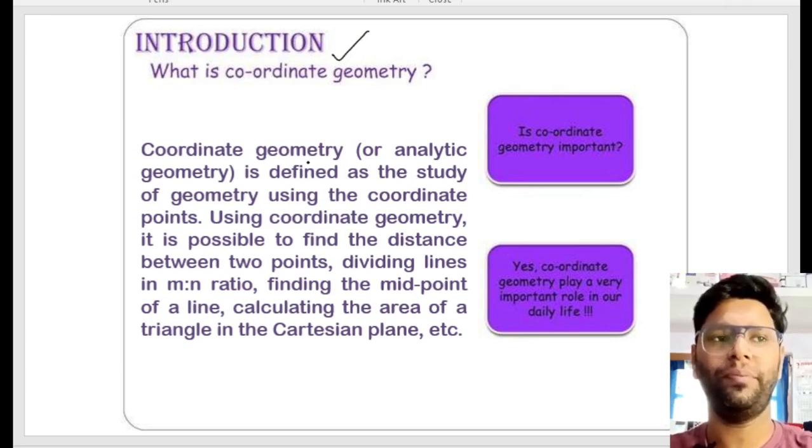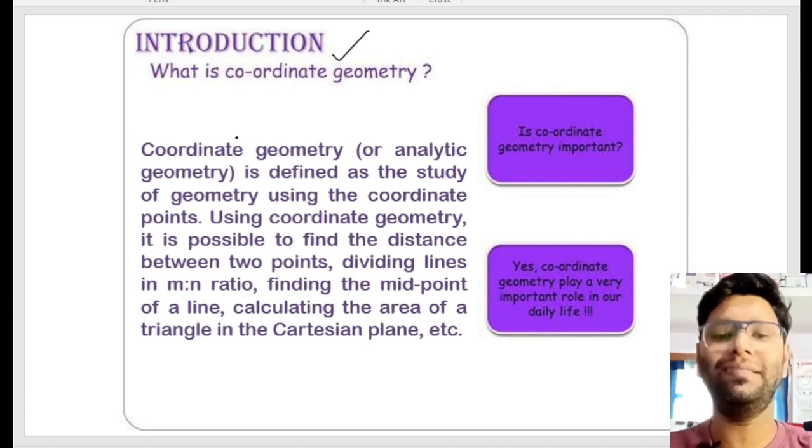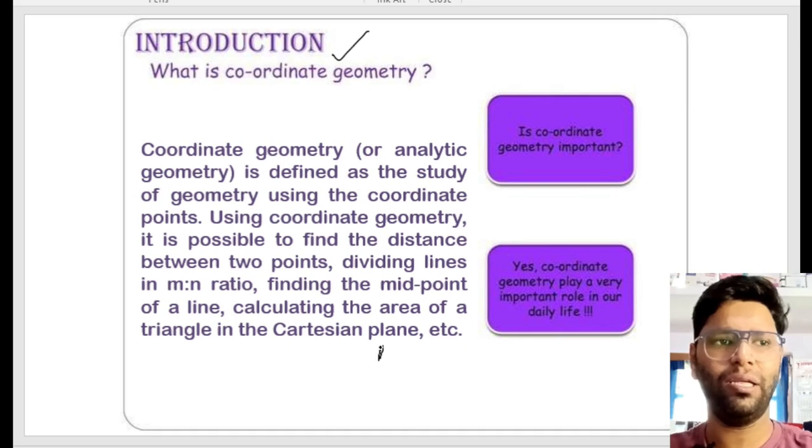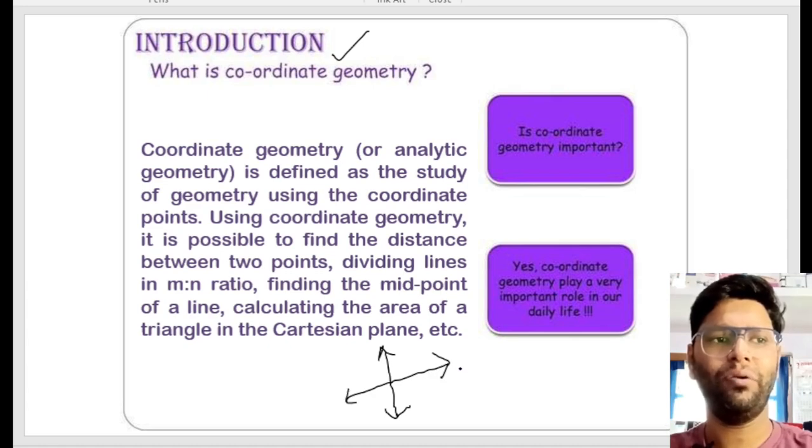Okay, so our topic here is the introduction. What is coordinate geometry? It clearly says that coordinate geometry or analytic geometry is defined as the study of geometry using the coordinate points. So what are coordinate points? Basically, if I give a brief idea, though I'll explain it in the coming slides: when you draw this xy plane, all the points in this plane are represented with coordinates, and coordinates are two, basically x and y coordinate.